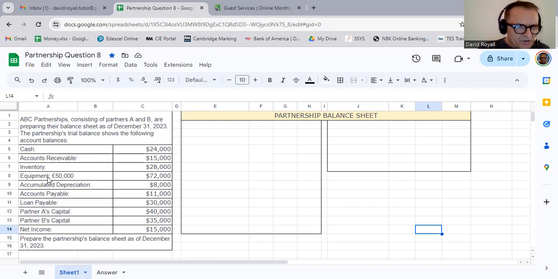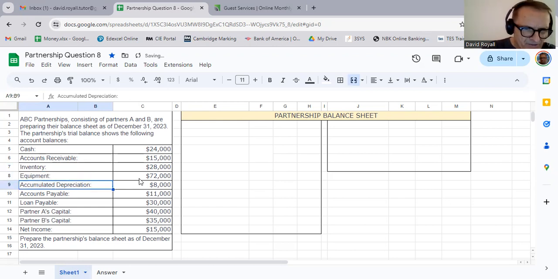Okay, so what have we got? We've got cash, accounts receivable, inventory. So we've got some assets here, equipment, more equipment. It's actually not 50,000. I've changed the figure. Accumulated depreciation, accounts payable, loan payable.